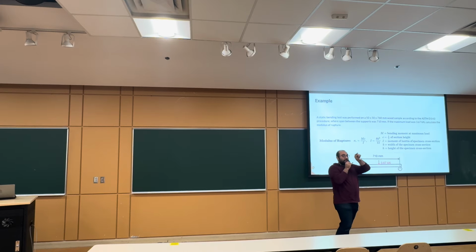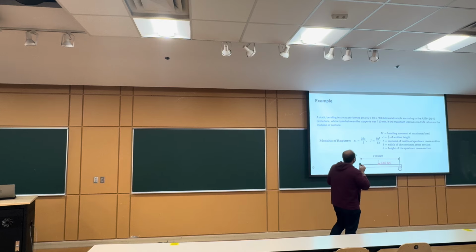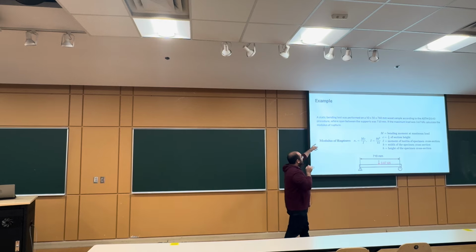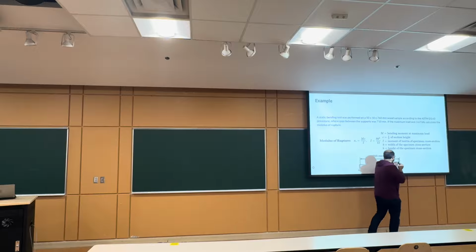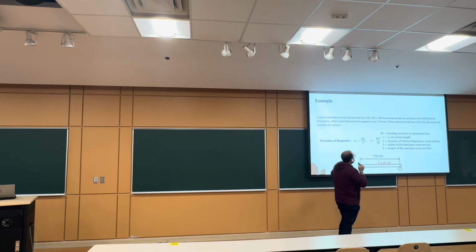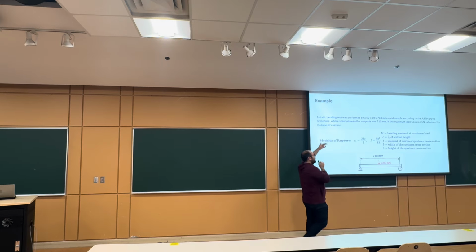So the cross section is 50 millimeters by 50 millimeters, and the length of the sample is 760 millimeters, according to the standard ASTM D143, where the span between the supports was 710 millimeters. If the maximum load applied is 3.67 kilonewtons, calculate the modulus of fracture.